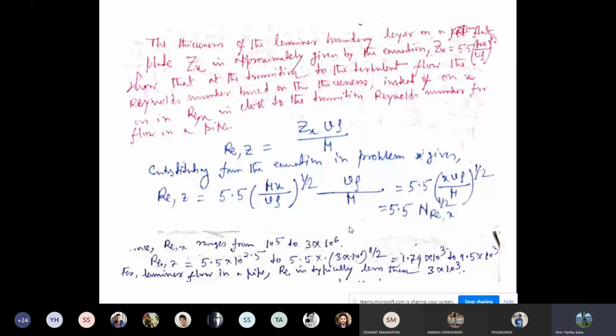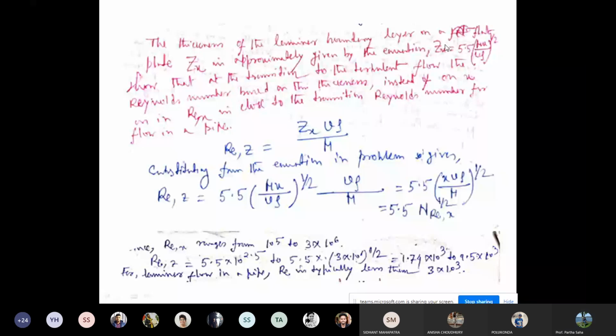The first numerical: the thickness of the laminar boundary layer on a flat plate, delta x, is approximately given by delta x = 5.5 (mu x / v rho) to the power half. Show that the transition to turbulent flow, with the Reynolds number based on the thickness instead of on x as in Rex, is close to the transition Reynolds number for flow in a pipe. Re delta is given by delta x v rho / mu, where x is the distance along the flat plate.